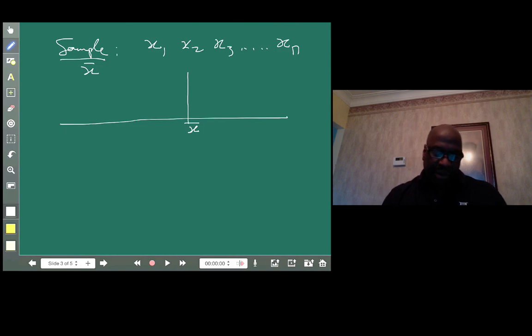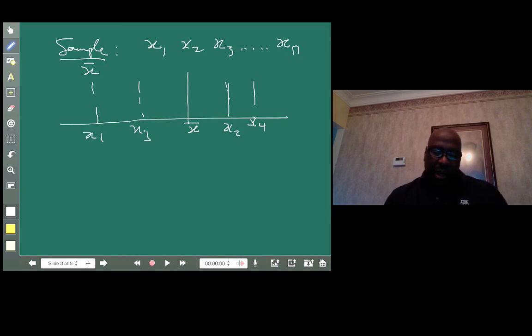So if I were to put all of these values, say x1 was here, x2 was here, x3, and so on, x4. What variance measures for us is the spread in the data, how wide that information is actually spread. I'm just going to let these lines denote where those values are.